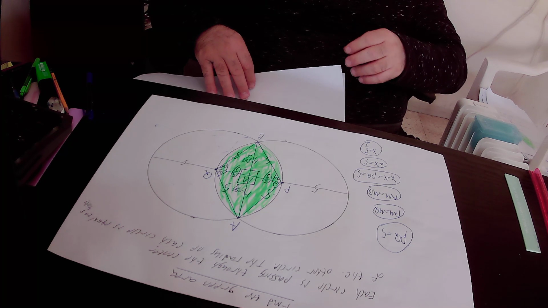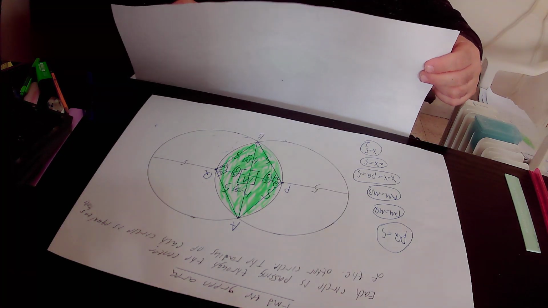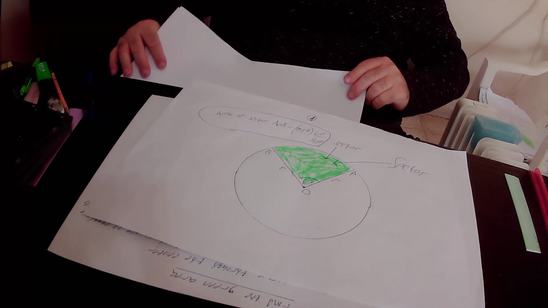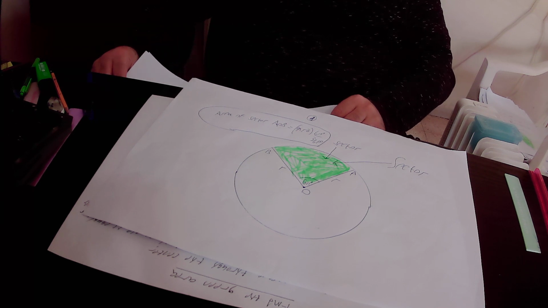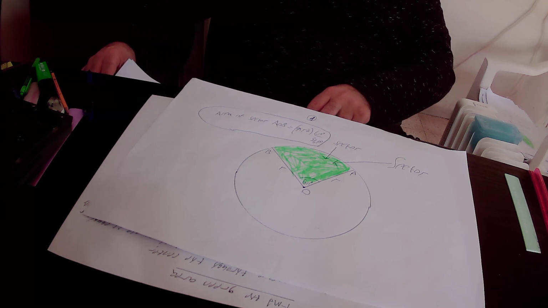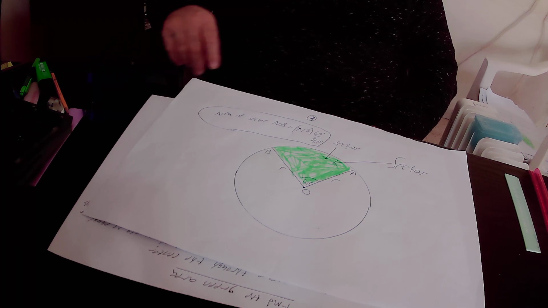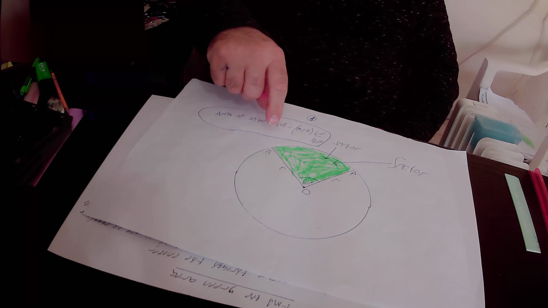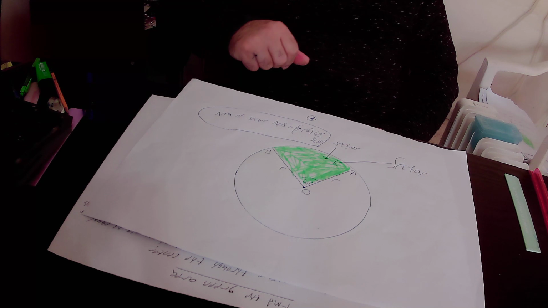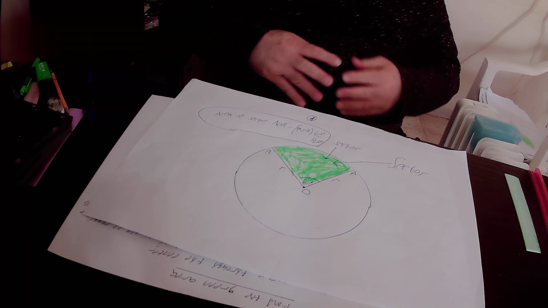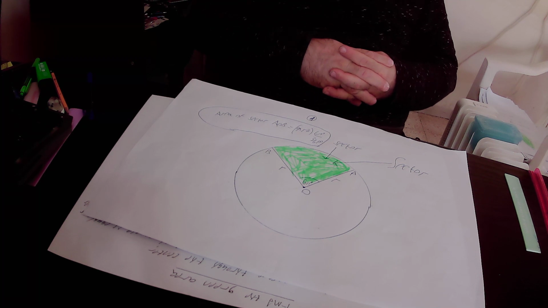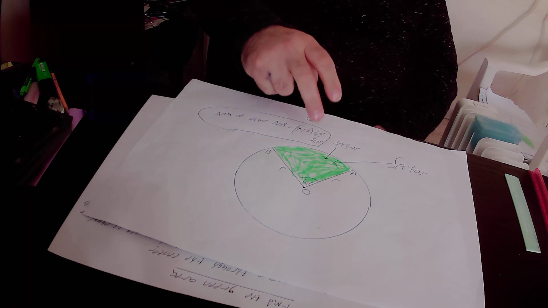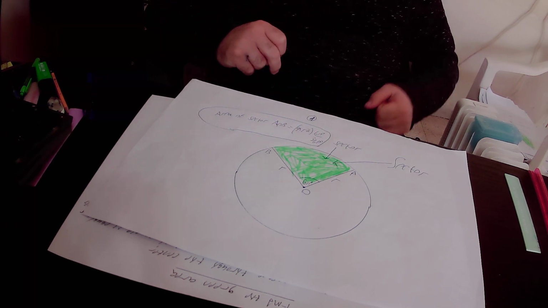the definition of a sector. A sector is actually the area inside a circle that is bounded by two radiuses and the arc that is between those two radiuses, and the area of a sector is equal to pi r squared times the angle between the two radiuses over 360 degrees.